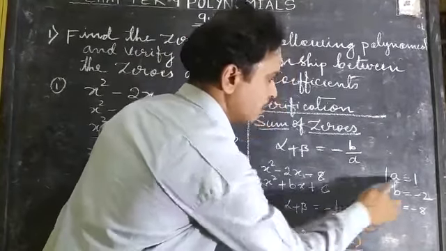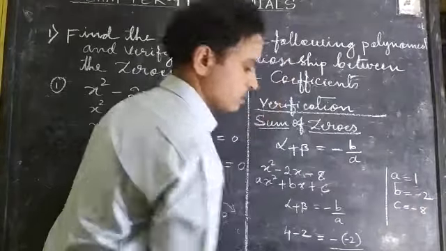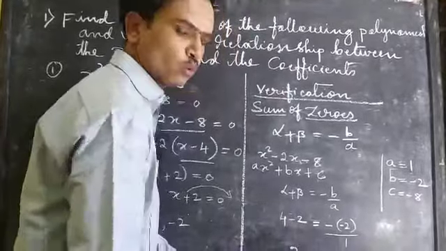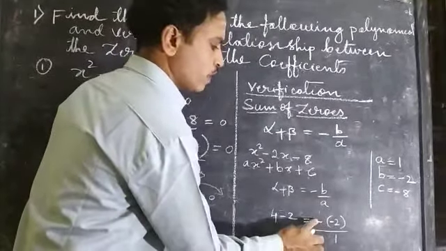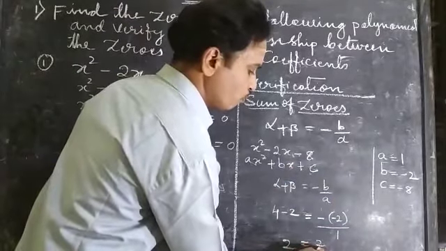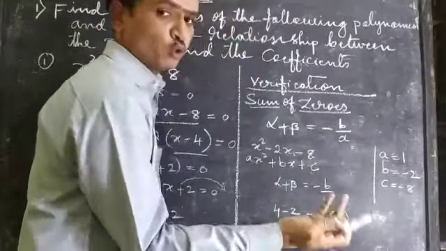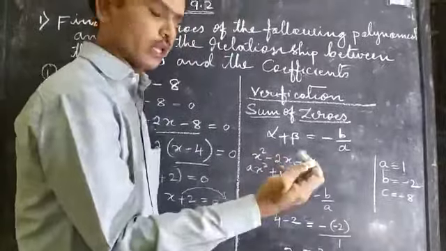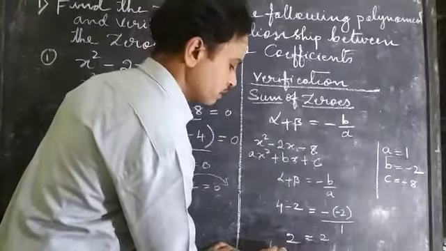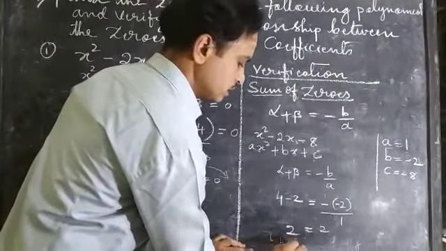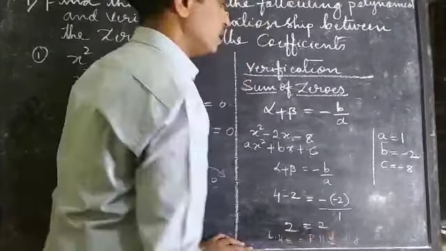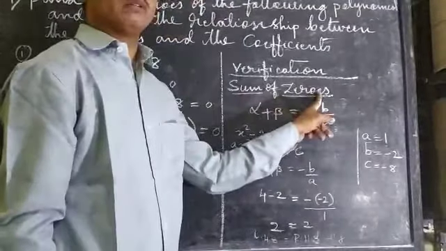Whole divided by the a value 1. Now 4 minus 2, what is the answer? 2. Is equal to, minus into minus becomes plus, plus 2 by 1. 2 by 1 is nothing but 2 only. So here we got LHS is equal to RHS.